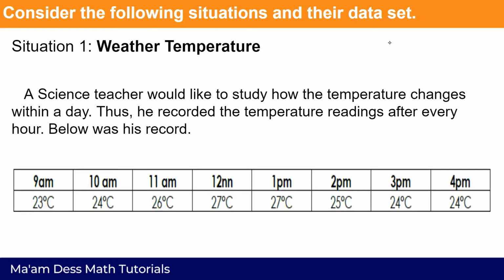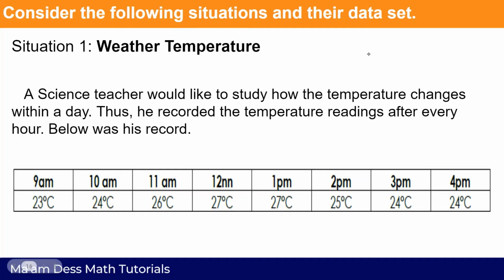Situation 1, weather temperature. A science teacher would like to study how the temperature changes within a day. Thus, he recorded the temperature readings after every hour. Below was his record. For 9 a.m., we have 23 degrees Celsius.